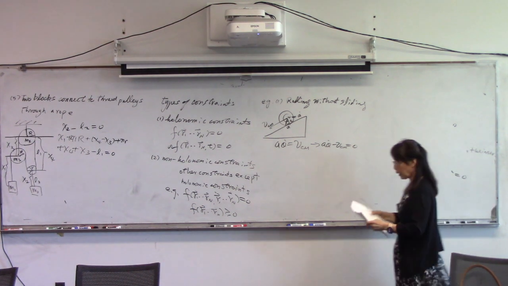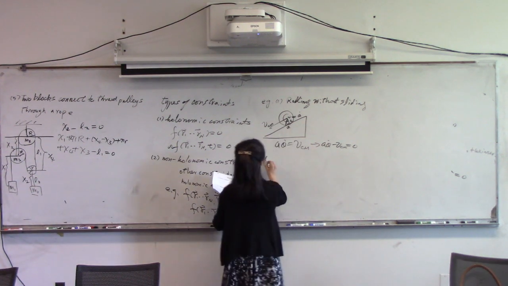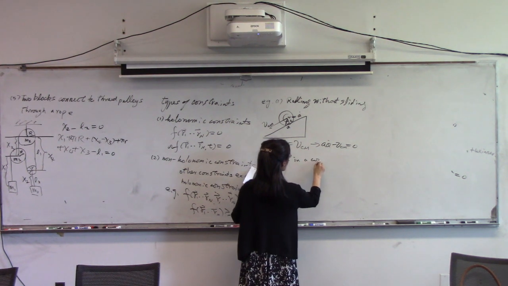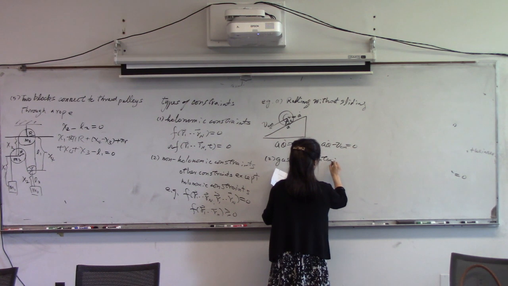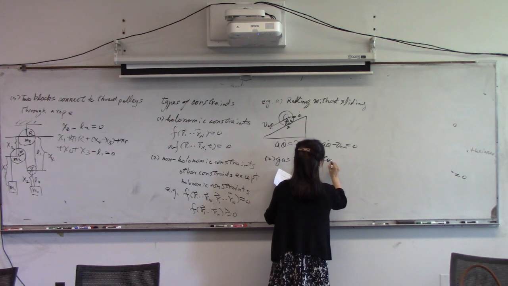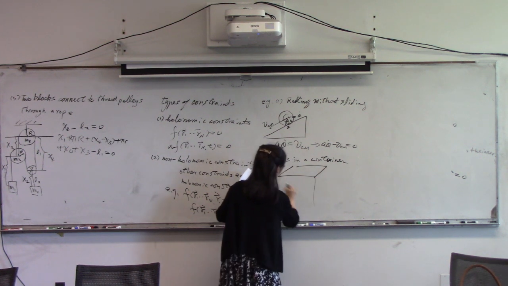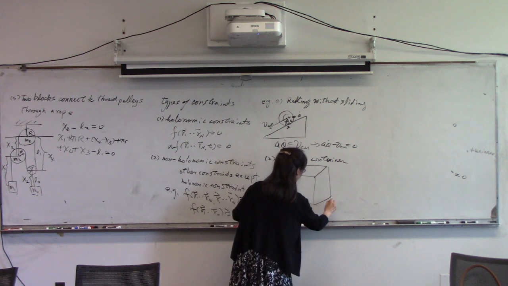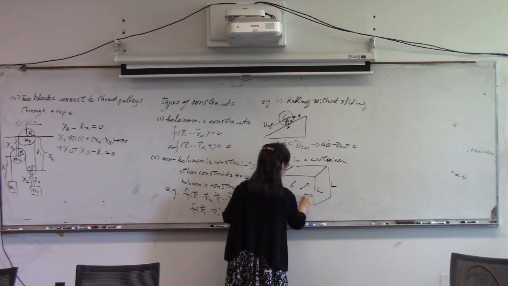Another example is a gas in a container. So let's look at the gas in a container. Suppose it's a cube, so we have L, right? The particles inside move randomly, in any position, any direction.